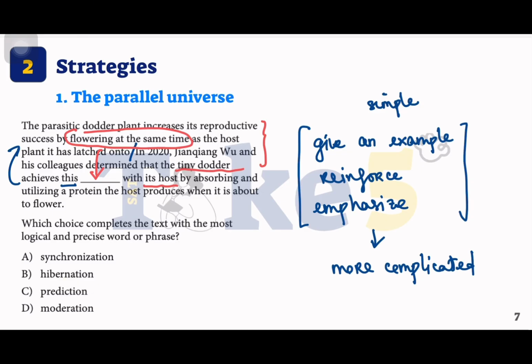Of all four answers, that will be synchronization, emphasizing on at the same time. Some students at this point might think the word must be something related to flowering or reproducing, but since there is no such answer, we go with the at the same time part of it.